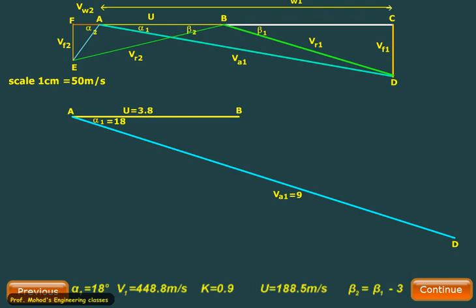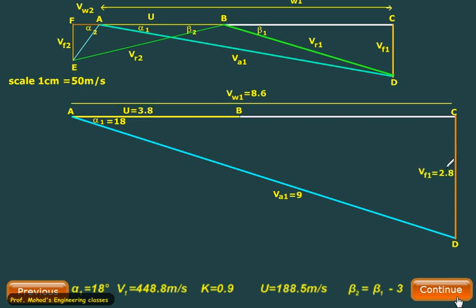Now we can construct one perpendicular and one horizontal from this line so that we can finish this part. The total length from A to C represents Vw1, and C to D represents Vf1, as in the standard triangle.